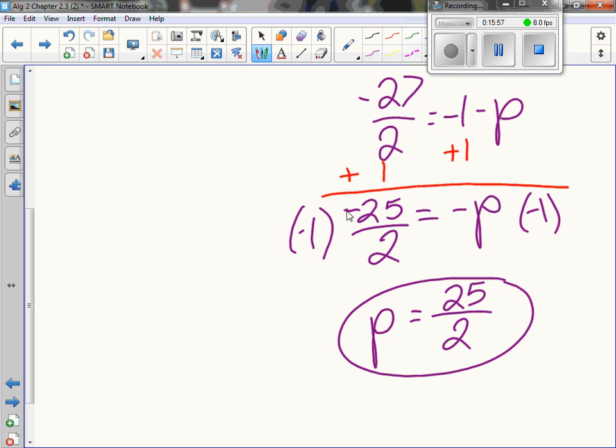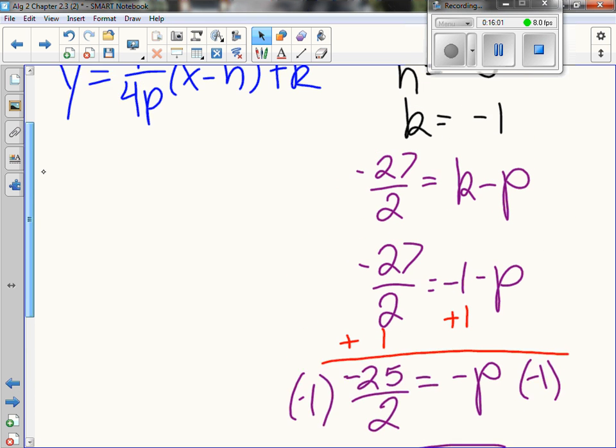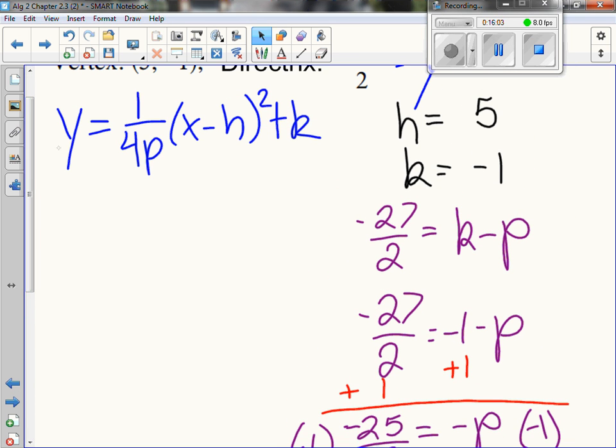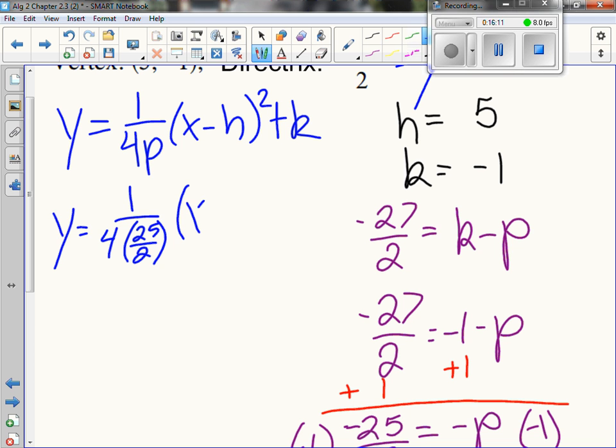Negative and negative makes a positive. So p is 25 over 2. So y is equal to 1 over 4 times 25 over 2 times x minus h, which is 5, squared minus 1.